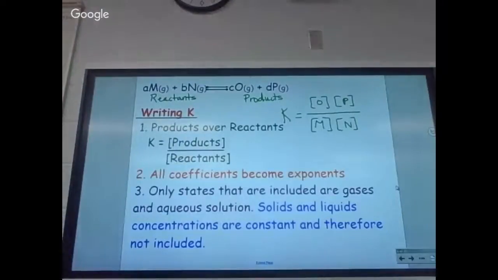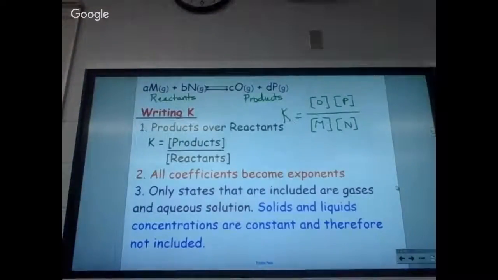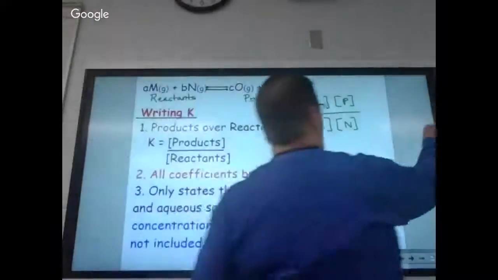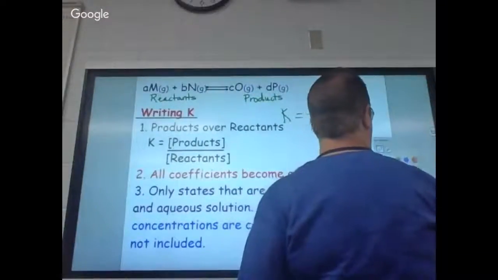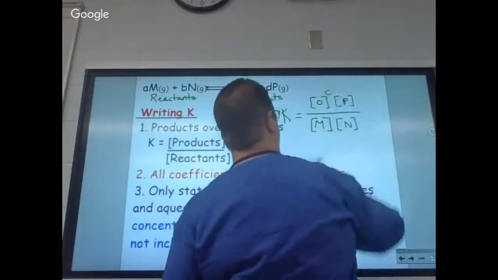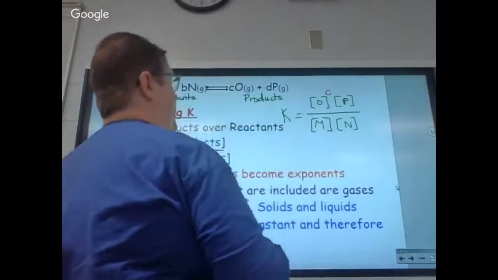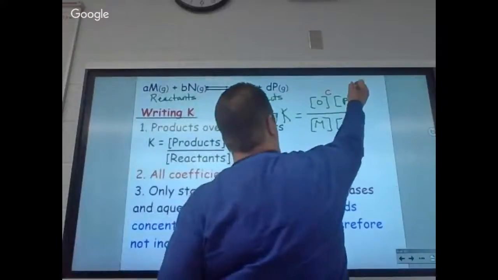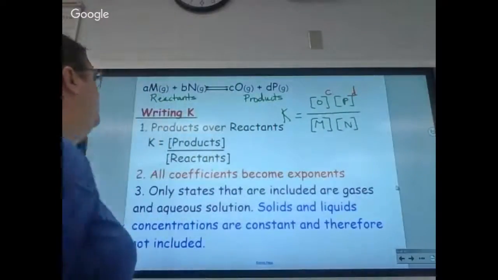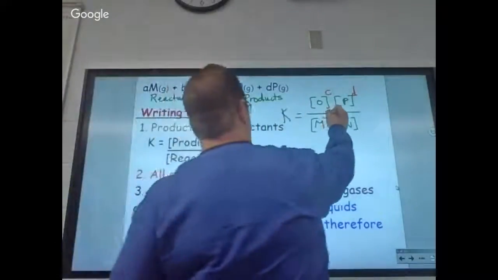All right, what are my coefficients? My coefficients are the little letters in front of it. So what's my coefficient in front of O? C is a coefficient. What's the coefficient in front of P? D. What's my coefficient in front of M? A. And my coefficient in front of N?